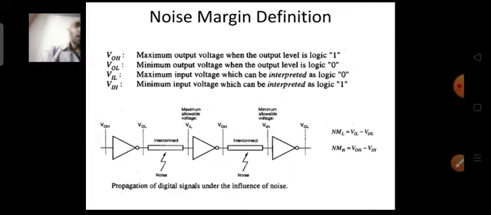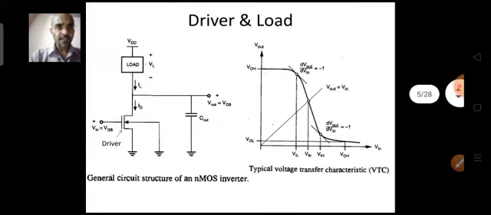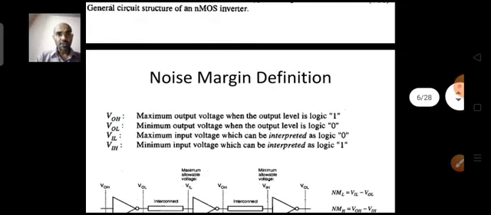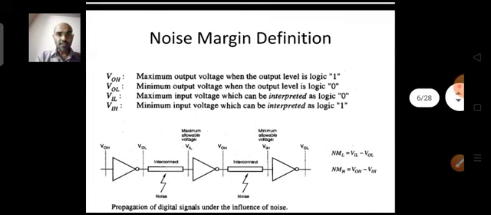So how do we define these various VOL and VOH? In the previous circuit, VOH is the maximum voltage on the output side. In this slide, you can see it is the maximum output voltage when the output level is logic 1.